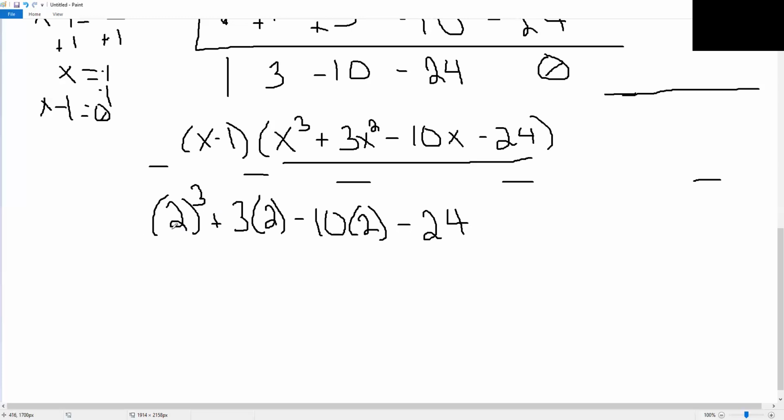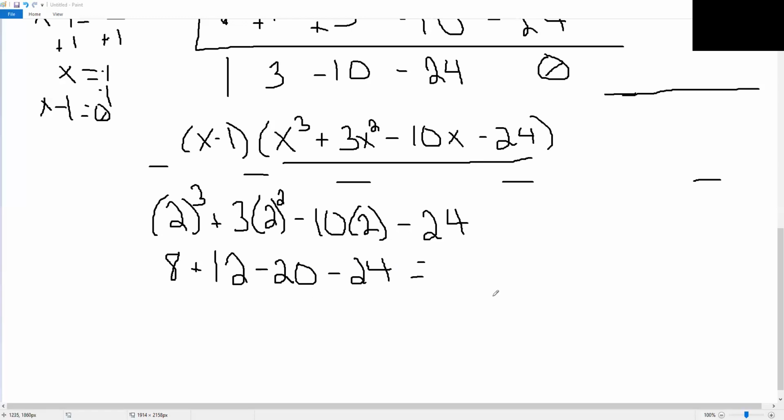2 times 2 times 2 is what? It's 8, right? Plus 3 times 2. Oh, this is 2 squared. 2 times 2 is 4 times 3 is 12. All right. So this would be minus 20, minus 24. Let's see what this equals.